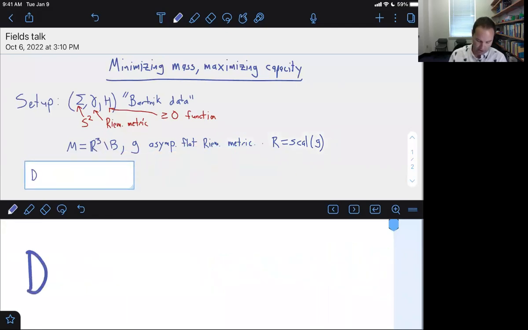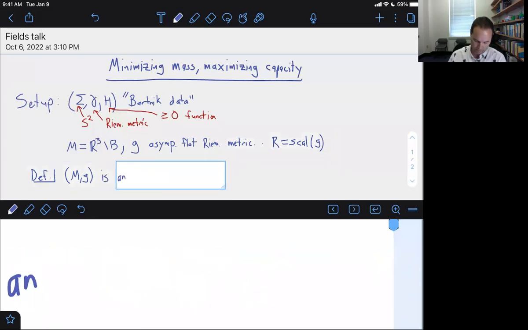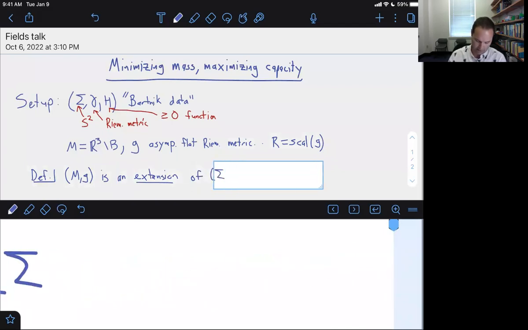One definition we'll use throughout the talk is that we'll think of Mg, the Riemannian manifold, as an extension of the given Bartnik data.